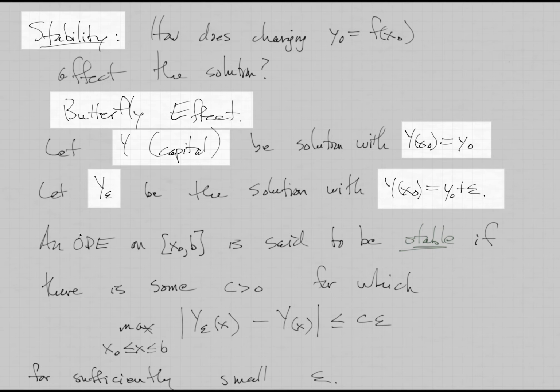Okay, so we say that an ODE is stable on a particular interval from x0 to b, right? We're always working on a particular interval that we're trying to find a solution on.